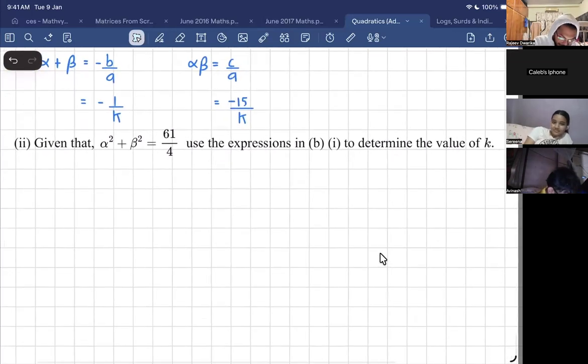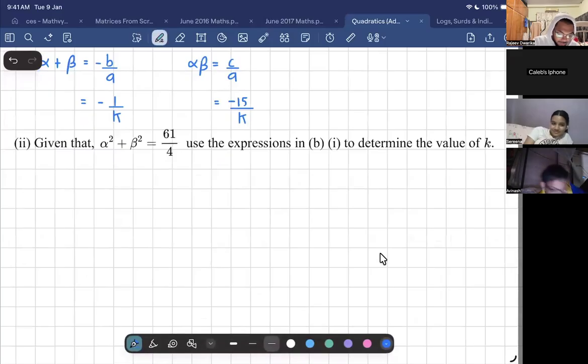Alright. So given that alpha squared plus beta squared is 61 over 4, determine the value of k. Alright, so Serena, who's the man for this job? Who's the man for alpha squared plus beta squared? Avinash. Avinash, what is alpha squared plus beta squared equal to?